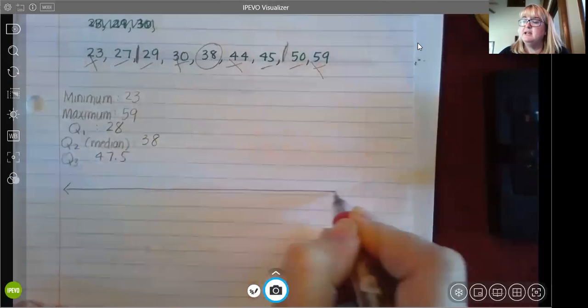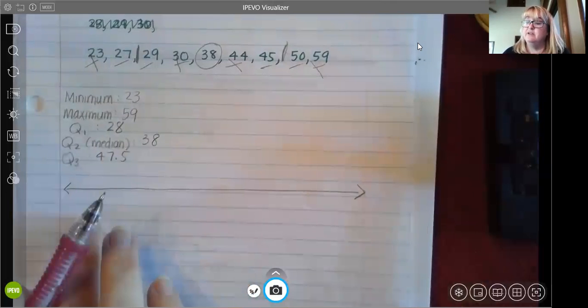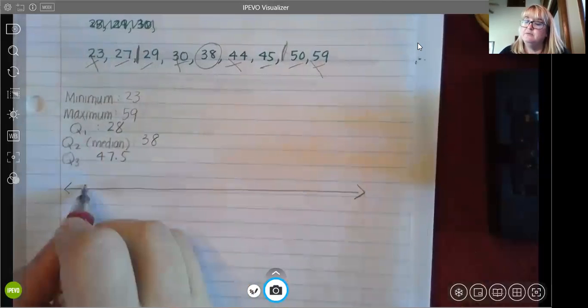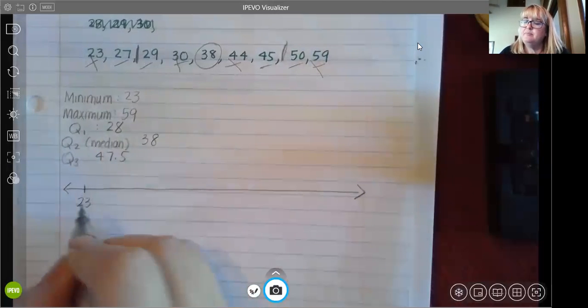All right, so you're going to make a number line. Your minimum and your maximum need to be at either extreme. So I am going to write, I said 23 is our minimum.